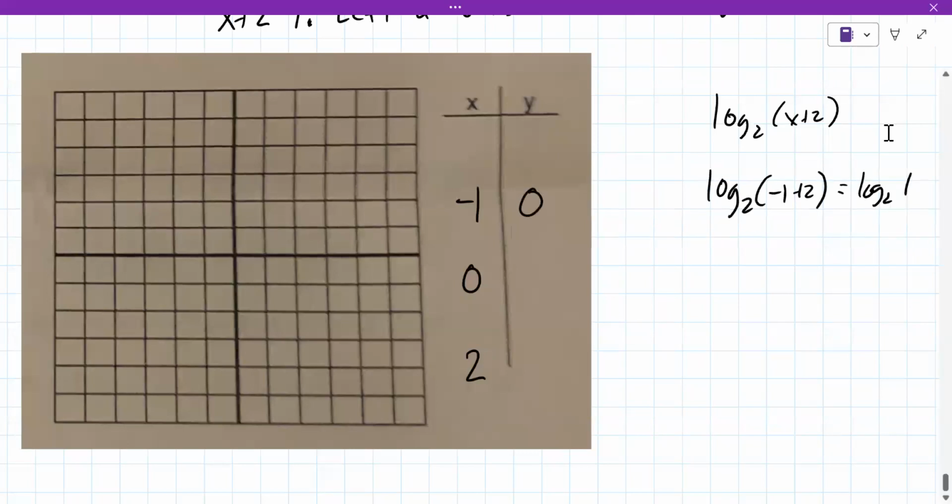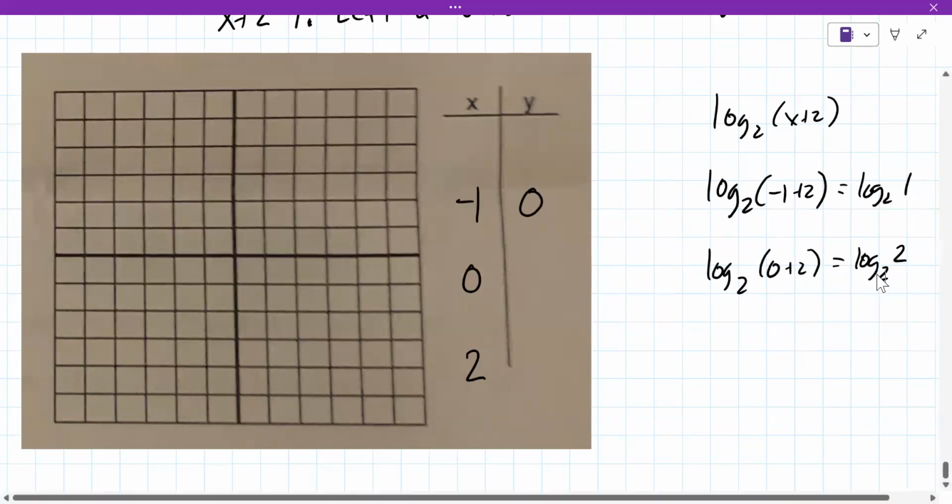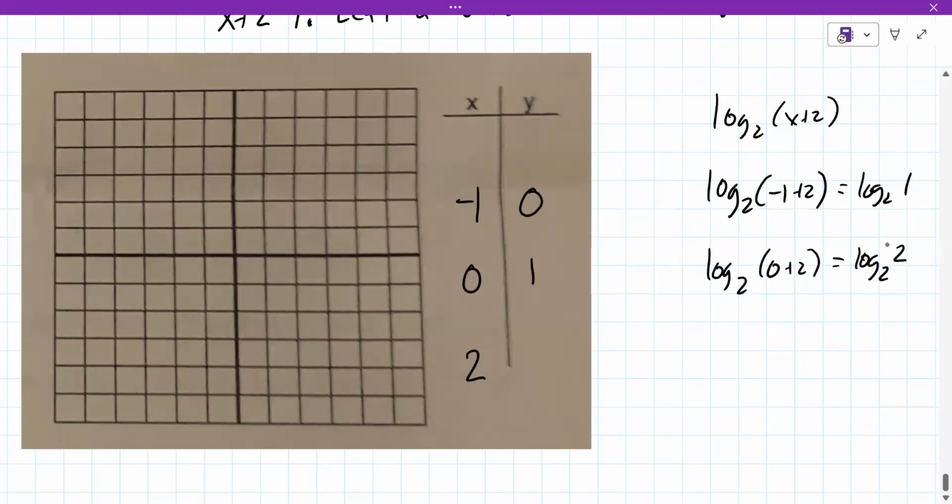By definition, log base b of 1 is always 0. Log base 2 of 0 plus 2, you might wonder, why am I choosing that point? Because it's log base 2 of 2. We talked about this earlier. When these match, it ends up being just 1.